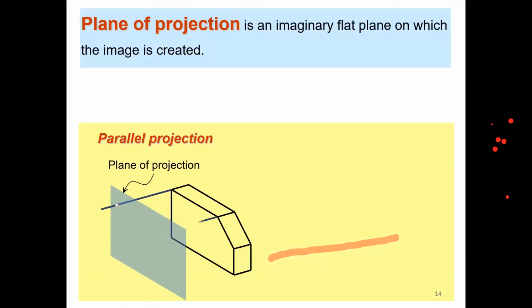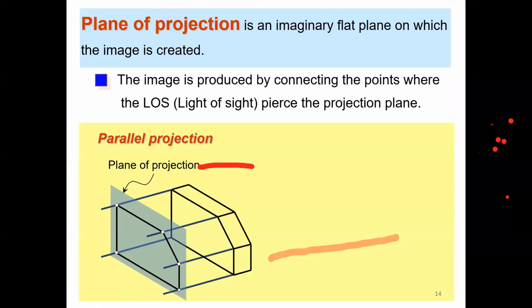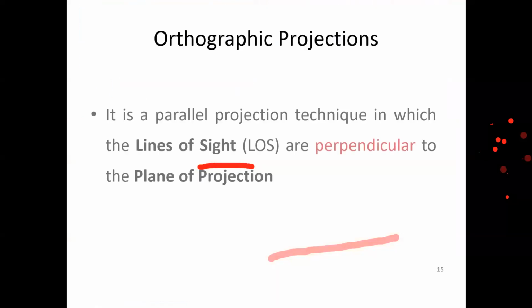So once you take the projection, you will get the view on that plane or surface. That surface is called a plane, and the image obtained on the plane is called a view.